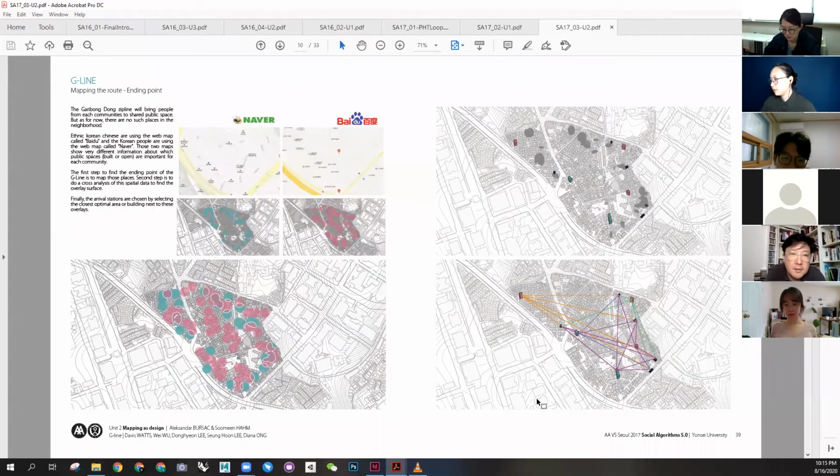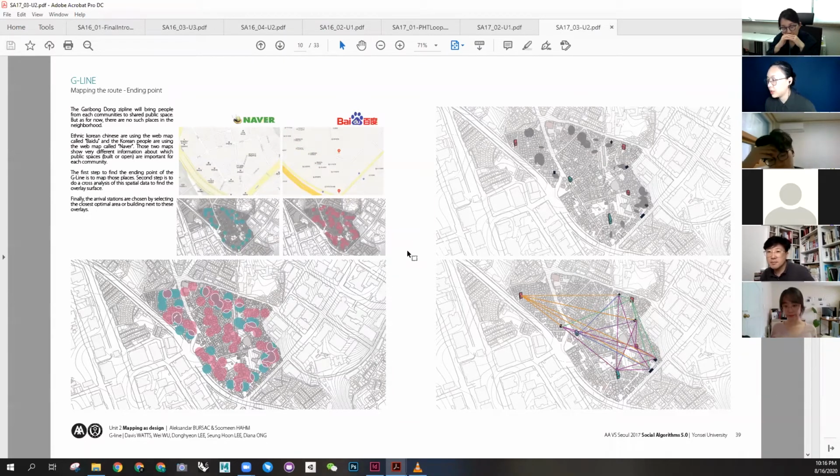And there are lots of details on how they found or analyzed this data. But for example, this zip line is meant to be mixing two different groups of people, because in Karibong area, the distinct residents are Chinese people and Korean people. There are a lot of Chinese residents in that area.